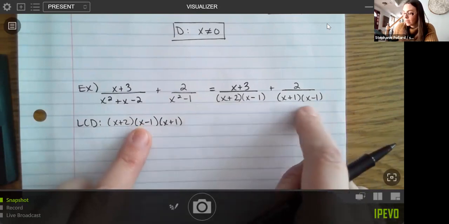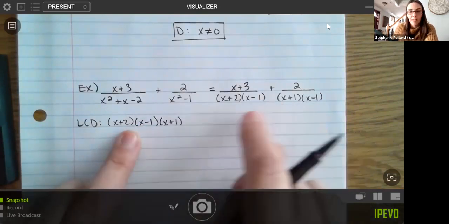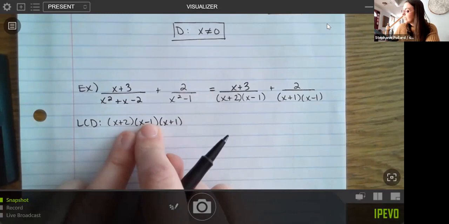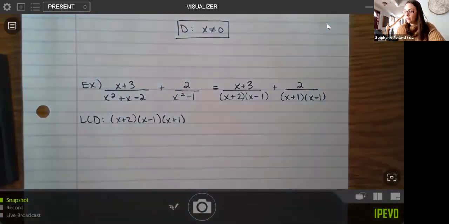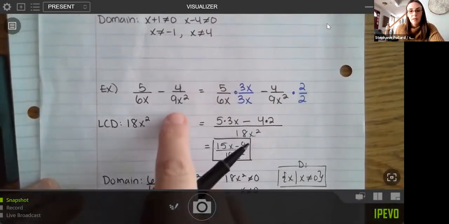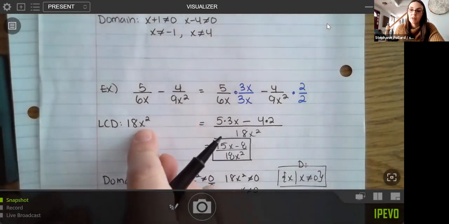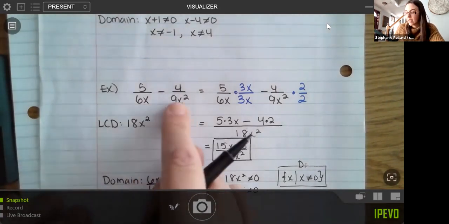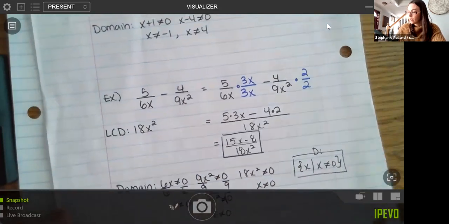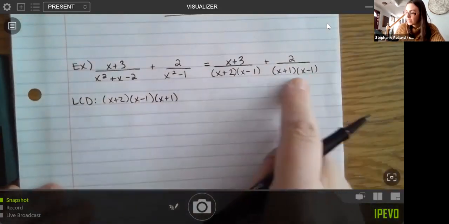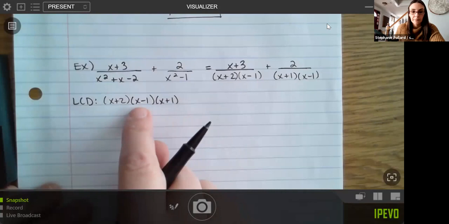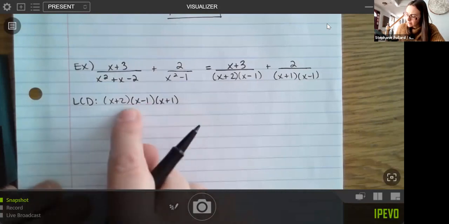If you already have the correct factor included, then you would not write it again. The only exception, like we saw, is if you have something squared, then I would need to square that factor as well. It's not just the x, it's x squared here. But if it only occurs one single time in each part, then I only need to write it one time. So this is going to be my LCD.